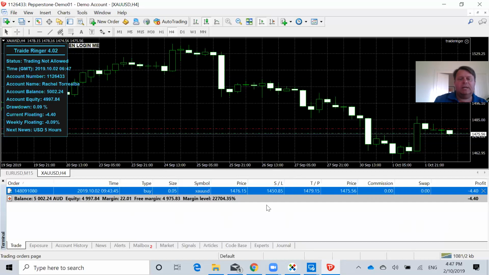Notice how it's set a stop loss, it's got a take profit. But what won't happen is it won't accumulate more trades on them. If this goes against us by 25 level points, it won't open any more trades. It will simply just manage this particular trade on its own, and it's finished.